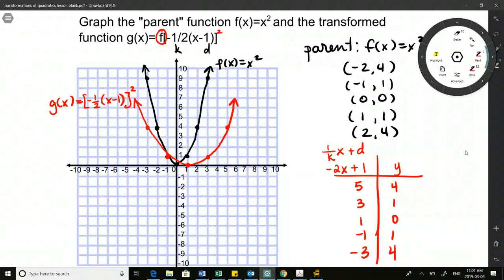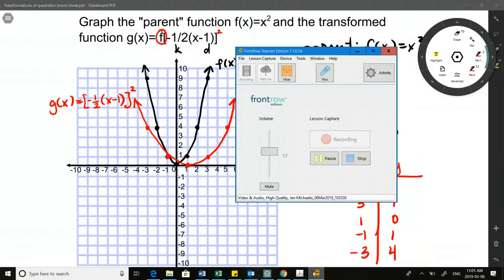Okay, any questions for that one? Okay, I want you guys to see if you can try the last one, get your points transformed and find your new graph on your own. I'll be around to answer questions and then I'll start putting my solution up in a few minutes.